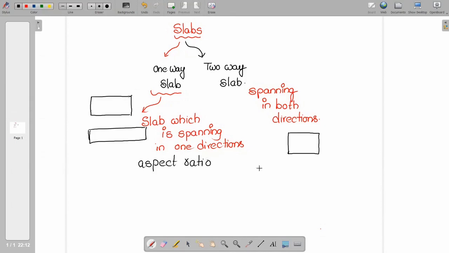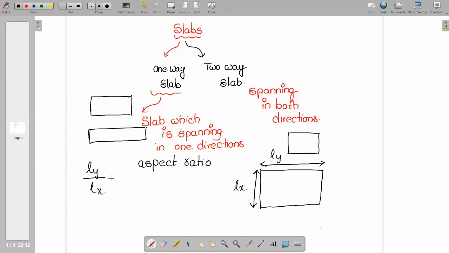What is the aspect ratio? Suppose I consider this as Ly and this as Lx. If Ly by Lx is greater than 2, then it is a one-way slab, because this length will be very much more compared to this length.